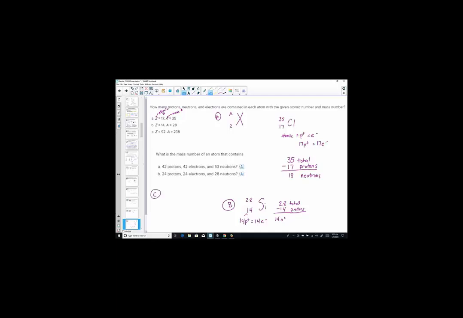Letter C. The large number is 238, the mass number. The smaller number is 92, the atomic number. Who's number 92?